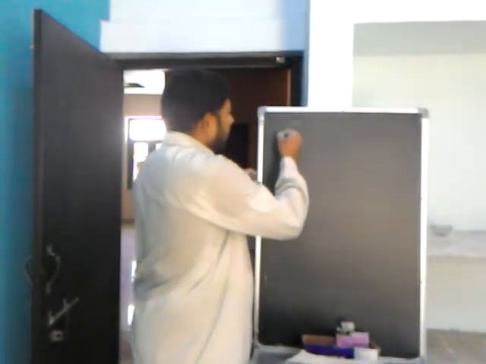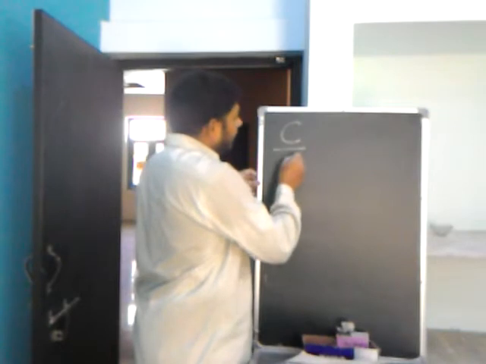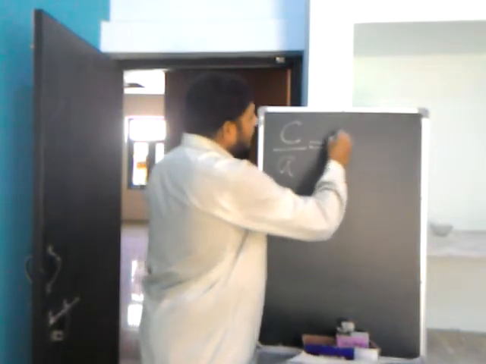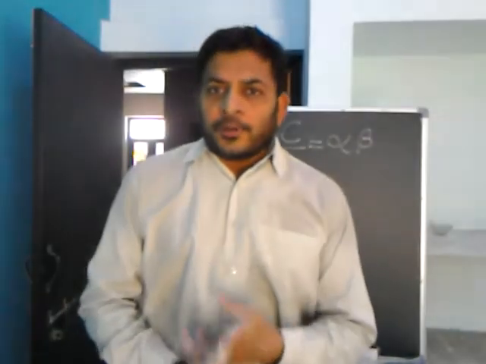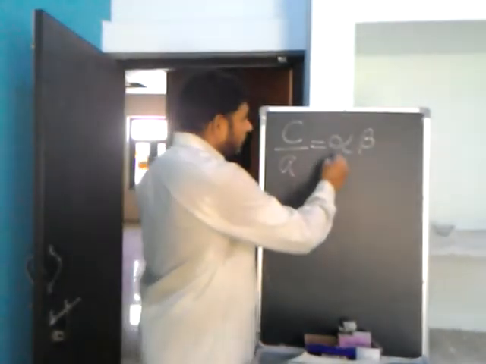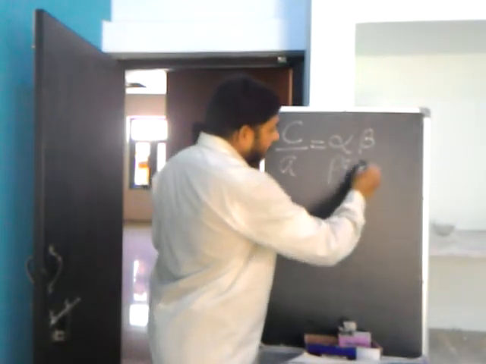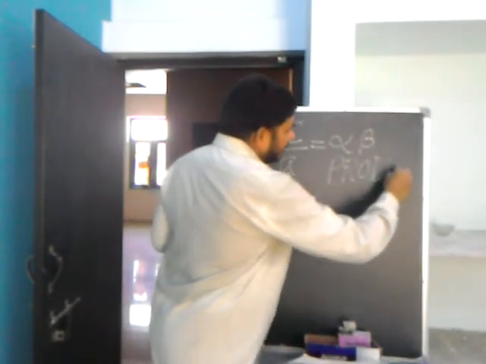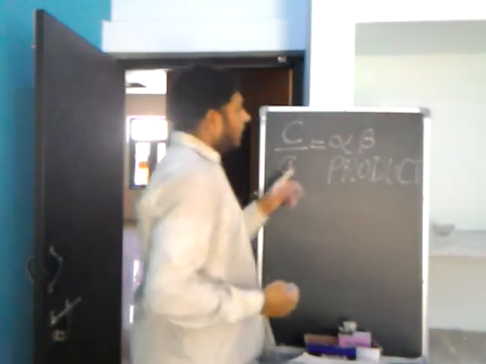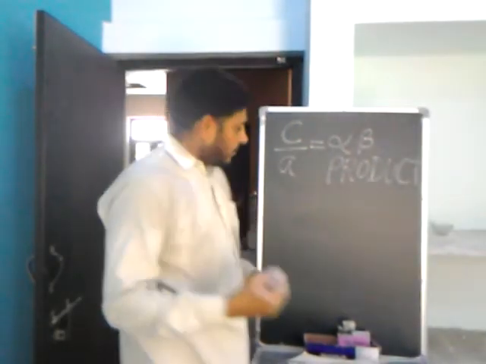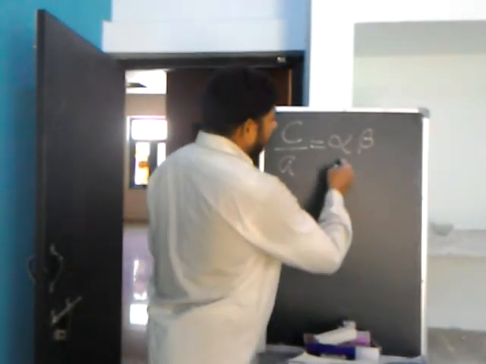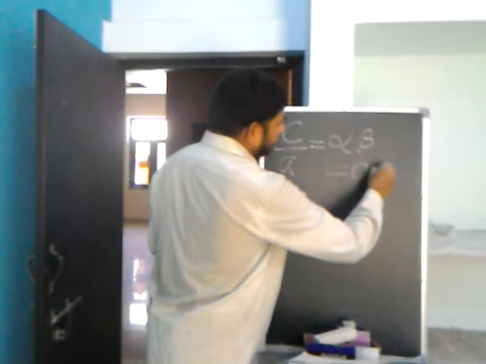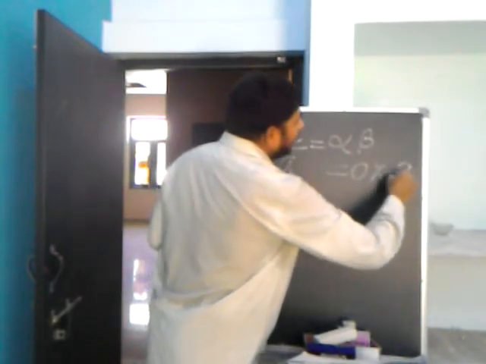Now, I have to see that C upon A is alpha into beta, the product of the zeroes. Alpha is 0, and beta is minus.